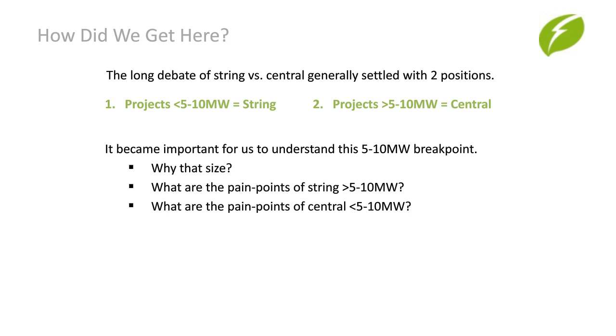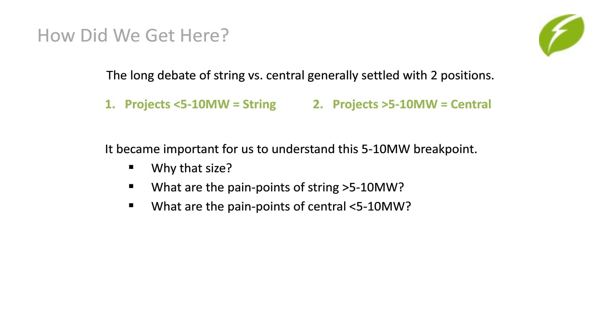The string versus central paradox mostly resulted in people saying, if a project is less than 5 or 10 megawatts, I'll do string. If it's greater than 5 or 10 megawatts, I go central. Occasionally we see that breakpoint as high as 20 megawatts, but accepting that breakpoint, wherever it was, we needed to understand why.